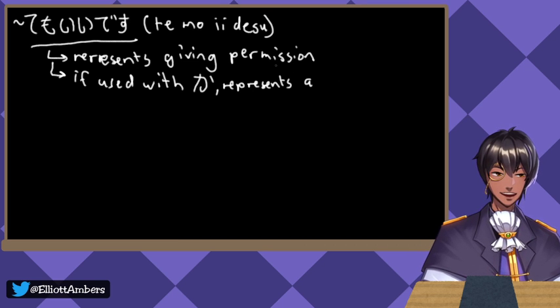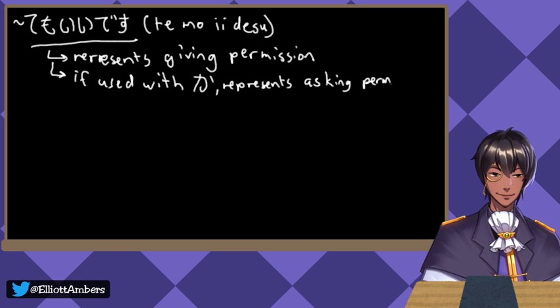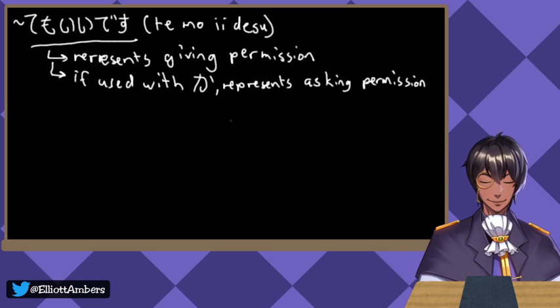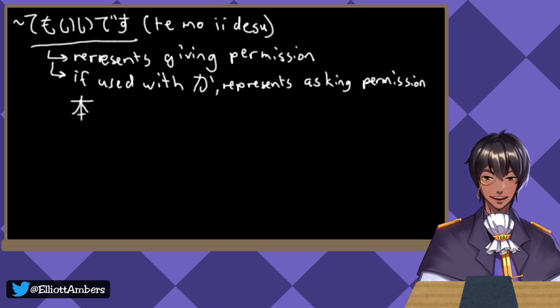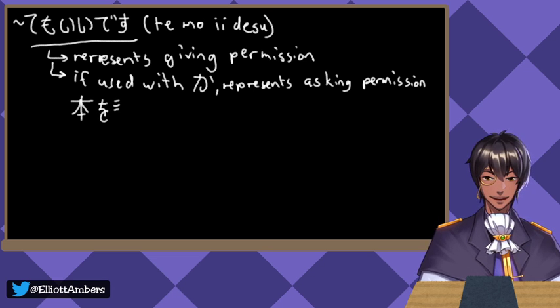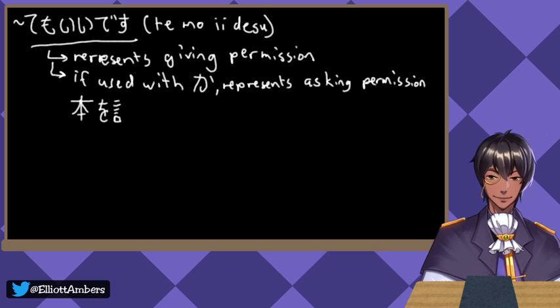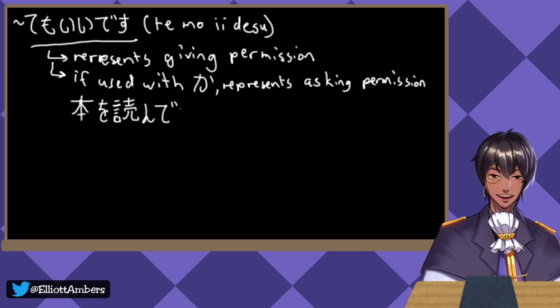So it represents asking permission. So for example, you could say hon o. So instead of asking someone to read a book, you could say hon o yonde mo ii desu ka?